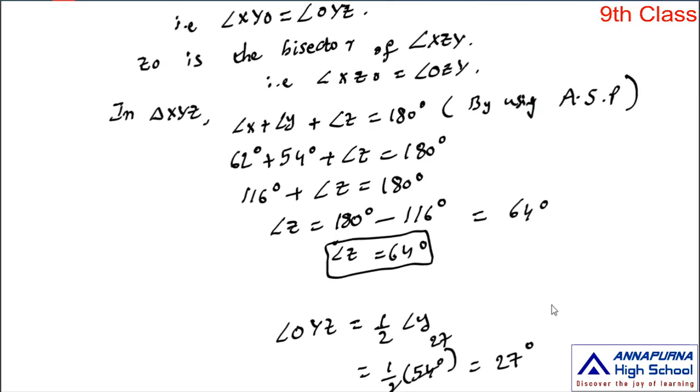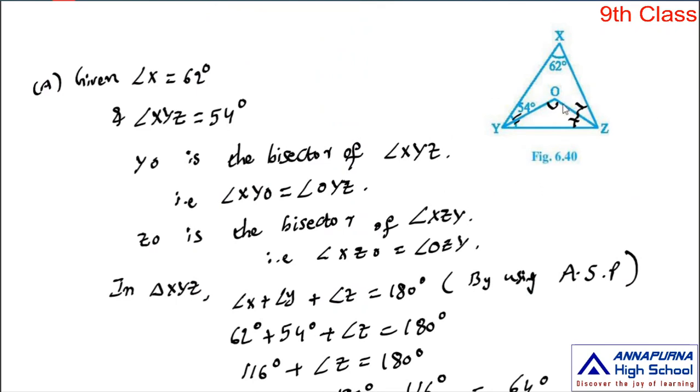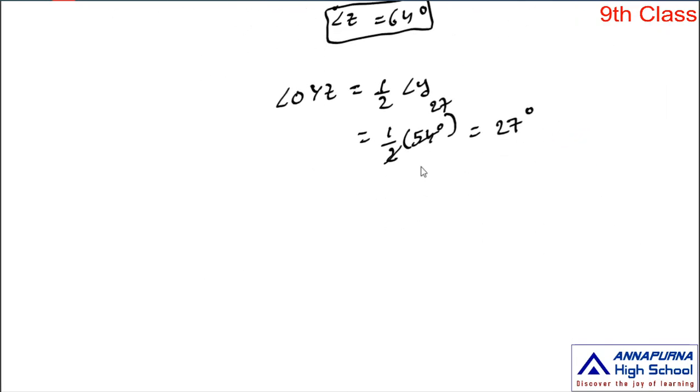Next, again see the figure. ZO is the bisector of angle Z. So angle OZY is equal to half of angle Z. Angle OZY is equal to half of angle Z, that is equal to 1/2 into, substitute angle Z is equal to 64 degrees.